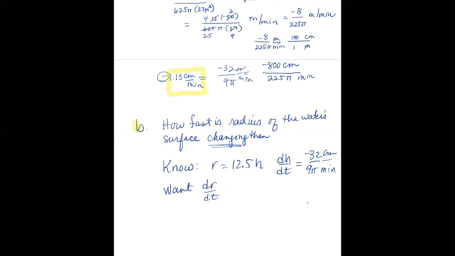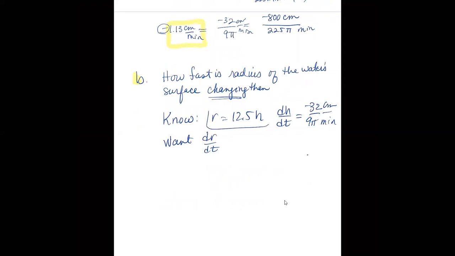Now I'm using the exact version of the rate of change of H, because if I use the rounded version, that'll just make my rounding error for the rate of change of radius a little bit bigger. So if I want to find dr dt, and I know that R is 12.5 times H, I'm just going to take the derivative of both sides with respect to t, and we'll get dr dt is 12.5 dH dt.